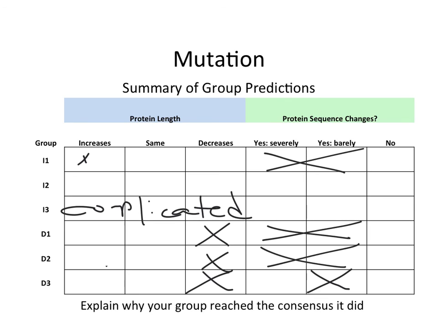Is inserting nucleotides going to change this protein sequence? Okay, I'm hearing a few people say yes. And we're just going to assume that it will also change the protein sequence. Maybe severe, maybe barely.